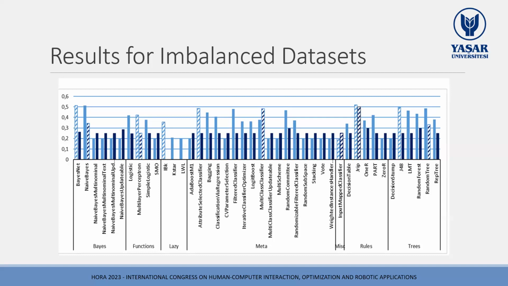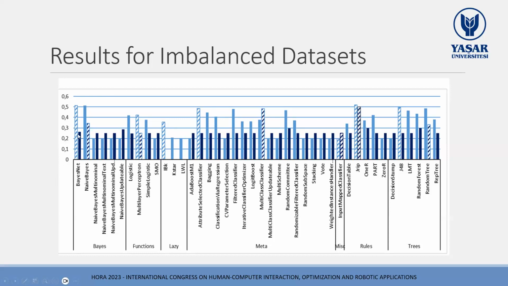Each bar represents a recall value; the lighter ones represent the synthetic dataset, and the darker ones represent the real data, where the dashed ones represent the best performing classifiers within each category.